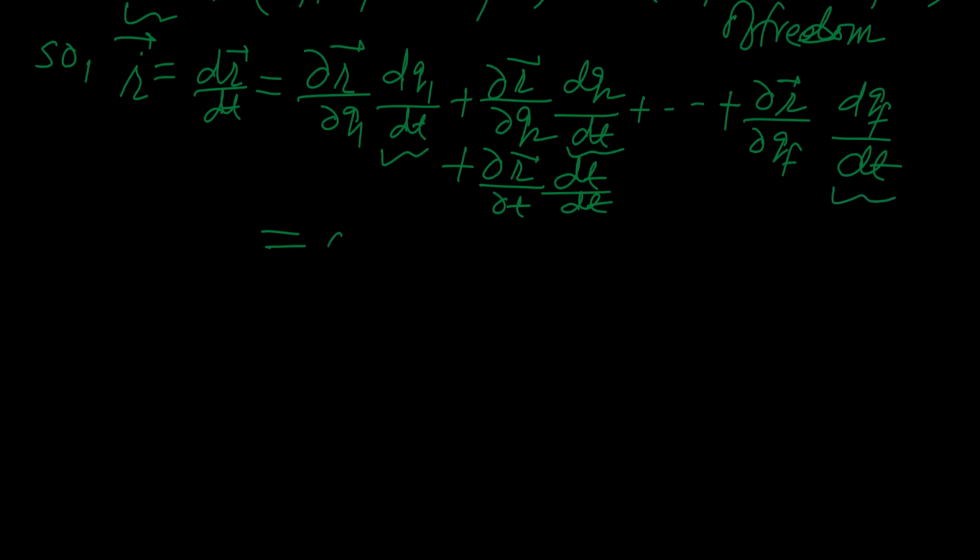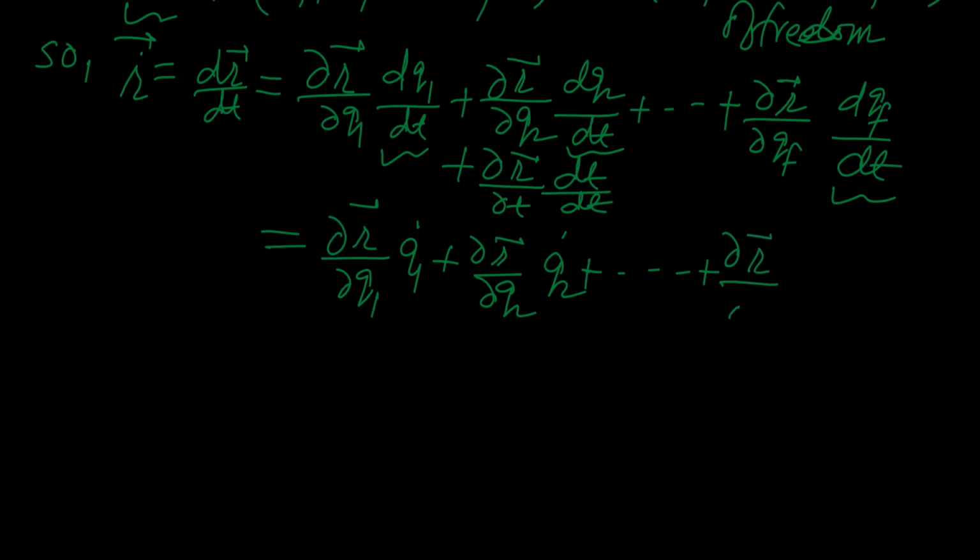So we may write it as del R by del Q1 dot, plus, sorry, this is not R1, this is simply R, del R by del Q2 dot, plus so on, plus del R by del QF dot, and plus here dt will be 1, so this is simply del R by del t.